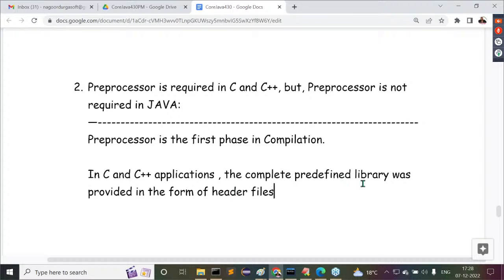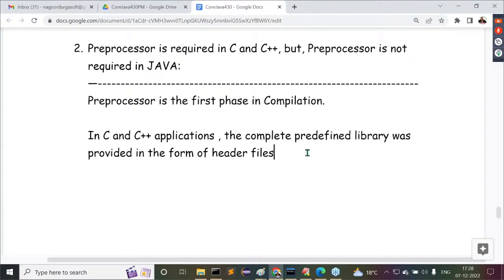Am I right or not? Please read out the point here. In C and C++, the complete predefined library was provided in the form of header files. Clear to all of you guys? Okay, fine. Can you tell me examples for these header files?